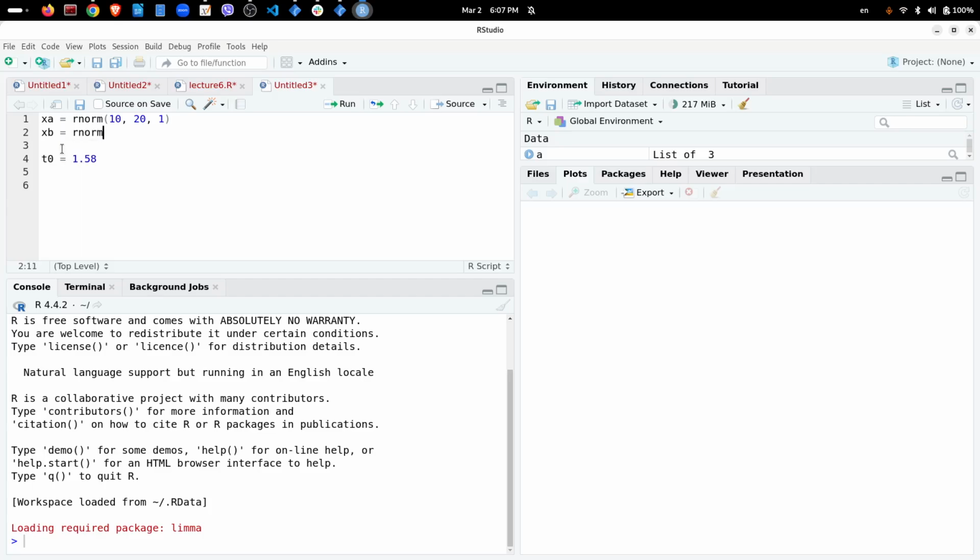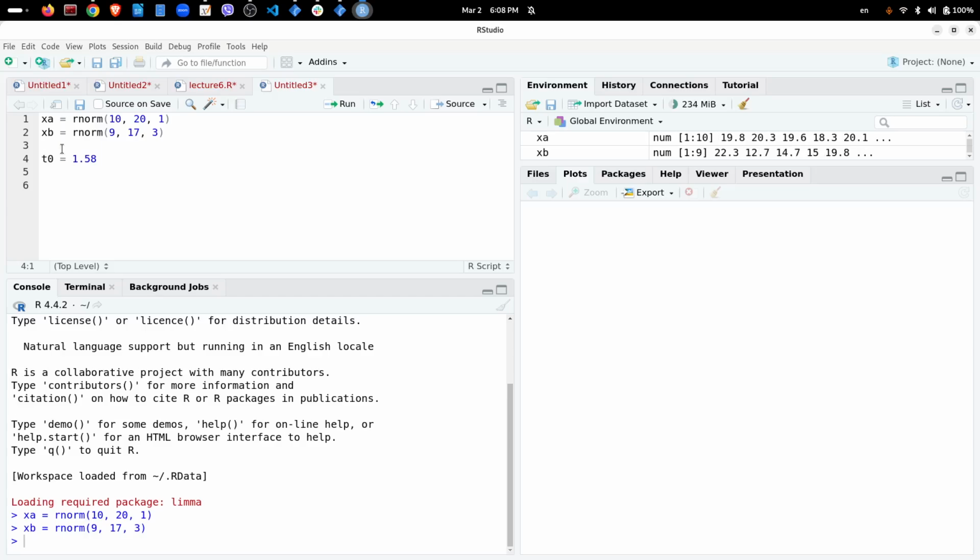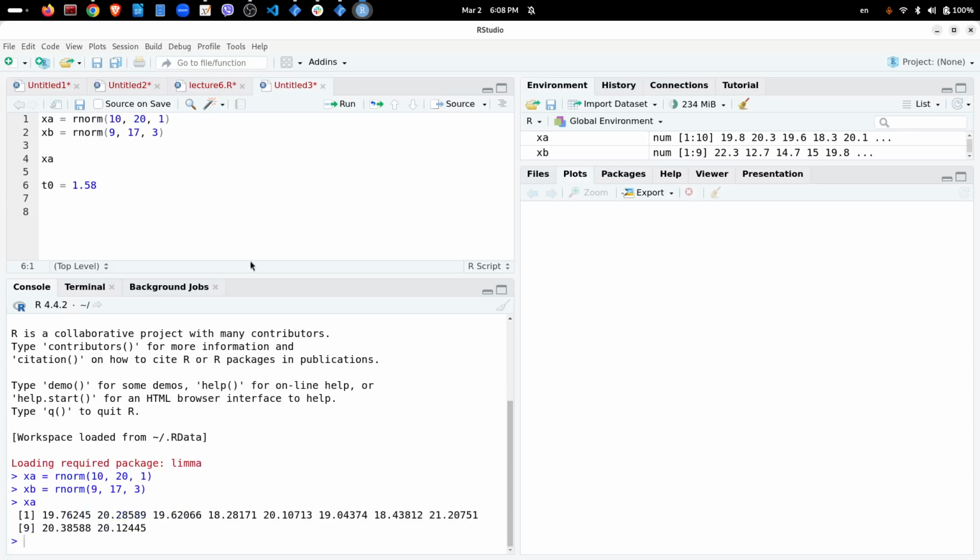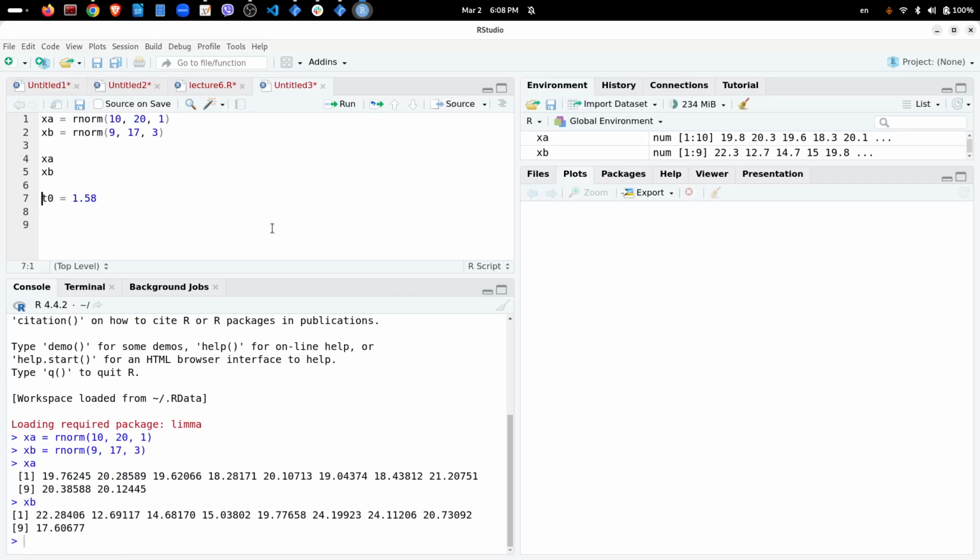Just make up some vector here. So these values represent the first group, these values represent the second group, and let's calculate the t-statistic.